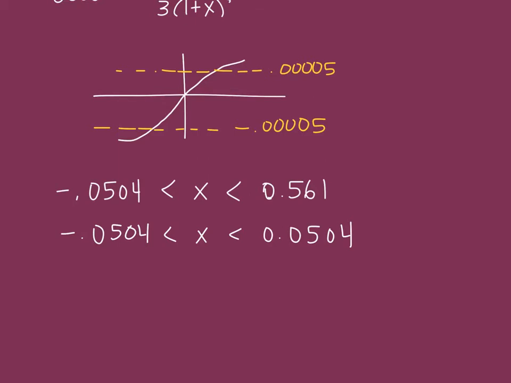It has to live in that interval in order for me to guarantee an error of no more than the original value that was set at the beginning. The interval should be centered at 0. You can't center it at 0.561, because then you're going too far to the left. So you make it as small as possible.